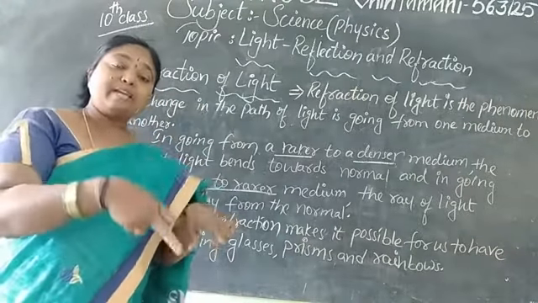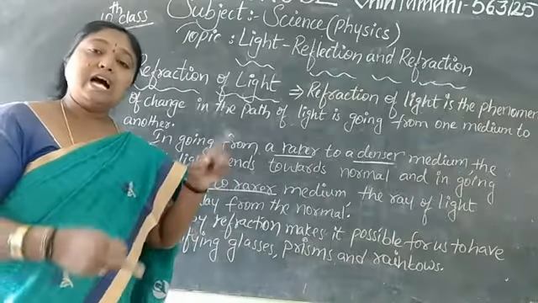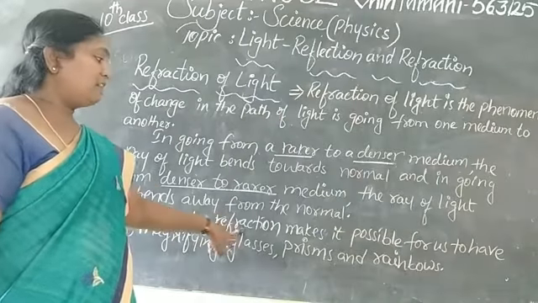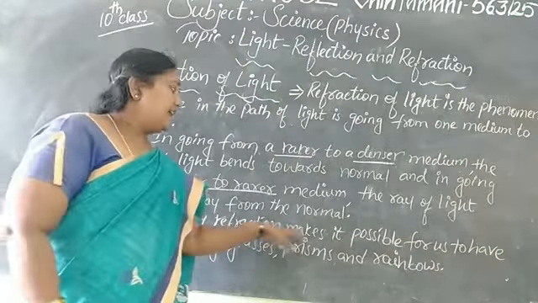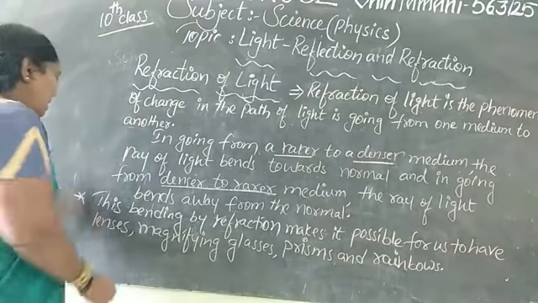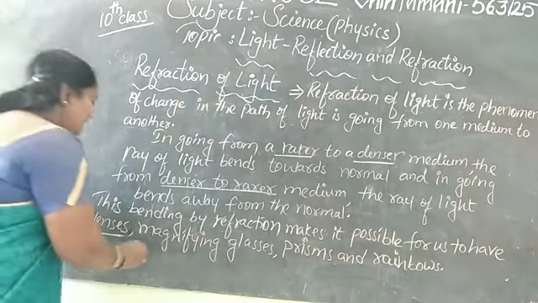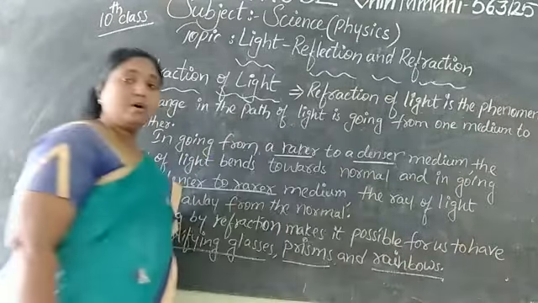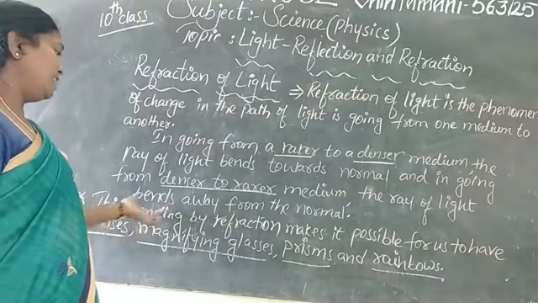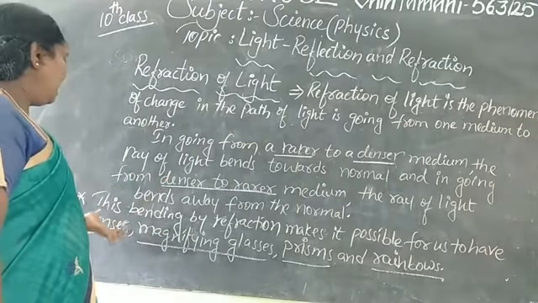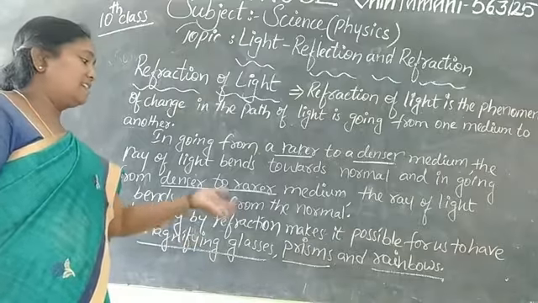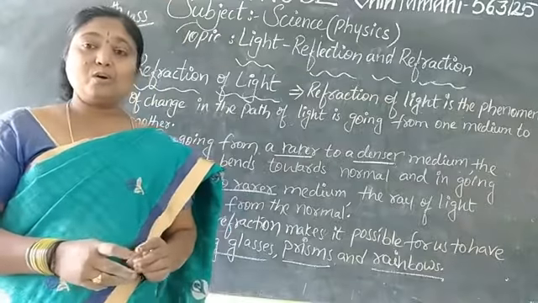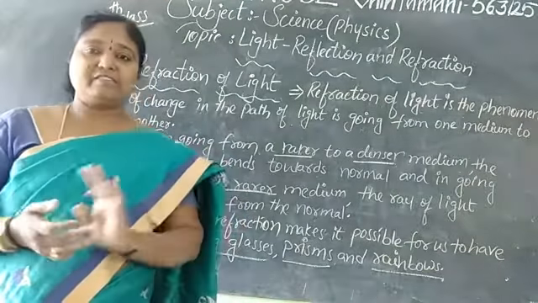This bending by refraction makes it possible for us to have lenses, magnifying glasses, prisms and rainbows. We can see this bending of refraction mainly in lenses, magnifying glasses, prisms and rainbows. So this is about refraction.